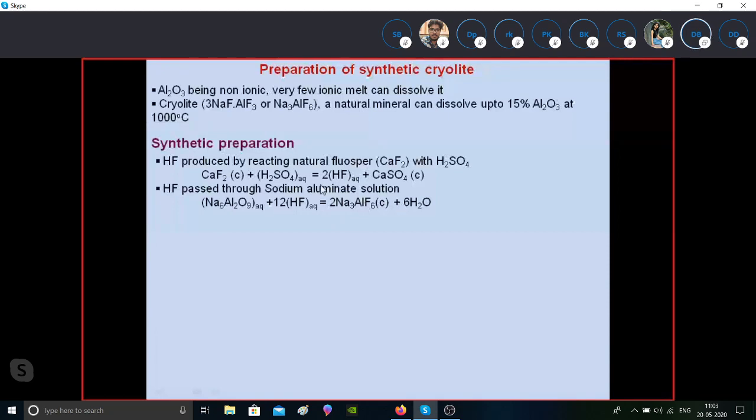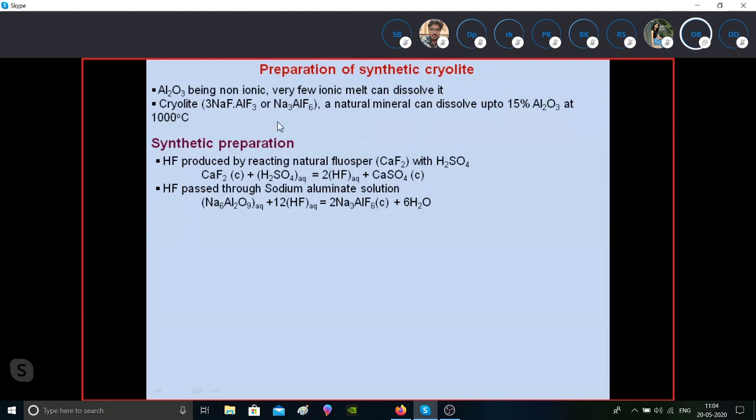There is a very big so-called flow sheet to make cryolite. I am trying to avoid that long flow sheet. How do we go for synthetic preparation? Because we have an option of using either naturally occurring cryolite or synthetically prepared or a mixture of it.